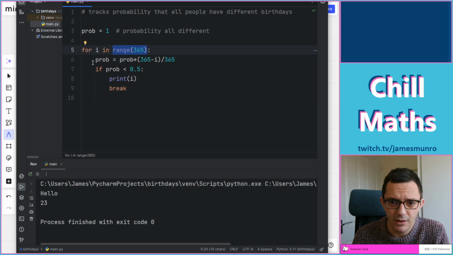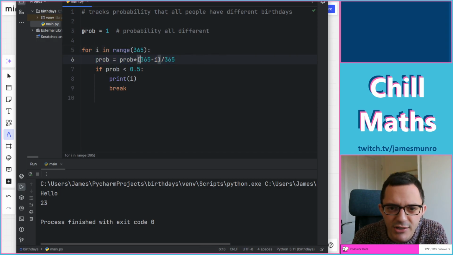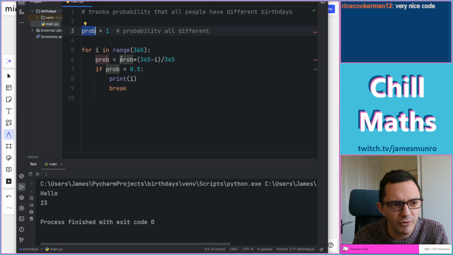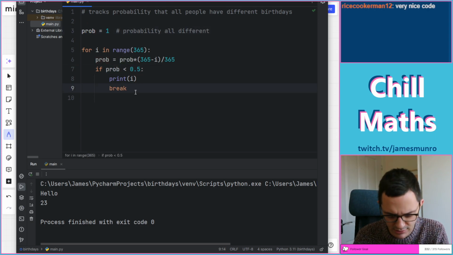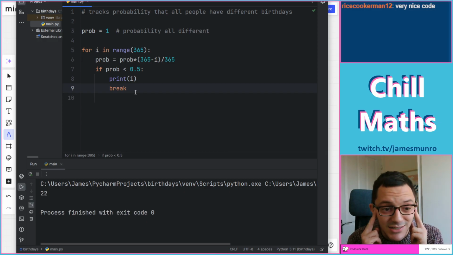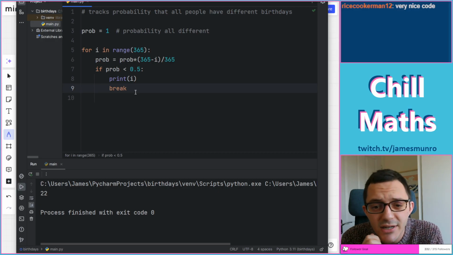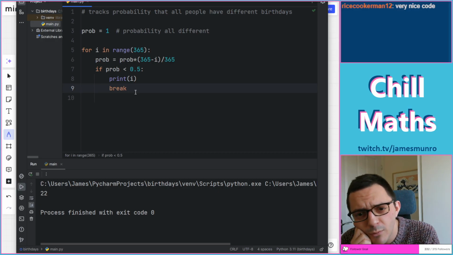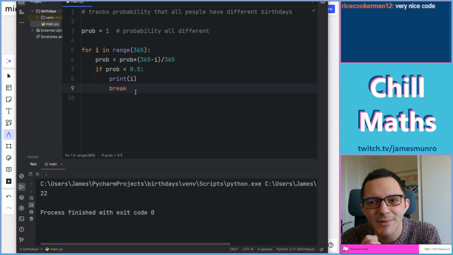And then I want it to multiply. So take this probability that it's tracking and multiply by (365 take i) over 365. Fair enough, right? If I run this, ignore the bit where it's doing hello world, it says 22, which is not 23 because of out by one errors on my behalf because I'm coming from a different place.